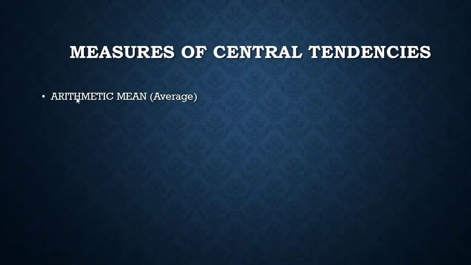So beginning with our class, first we have measures of central tendencies. In the short form, they are also called as MOCTs. So the measures of central tendencies are, first is arithmetic mean. Arithmetic mean is the very first measure of central tendency. It is also called as mean or also known as average.